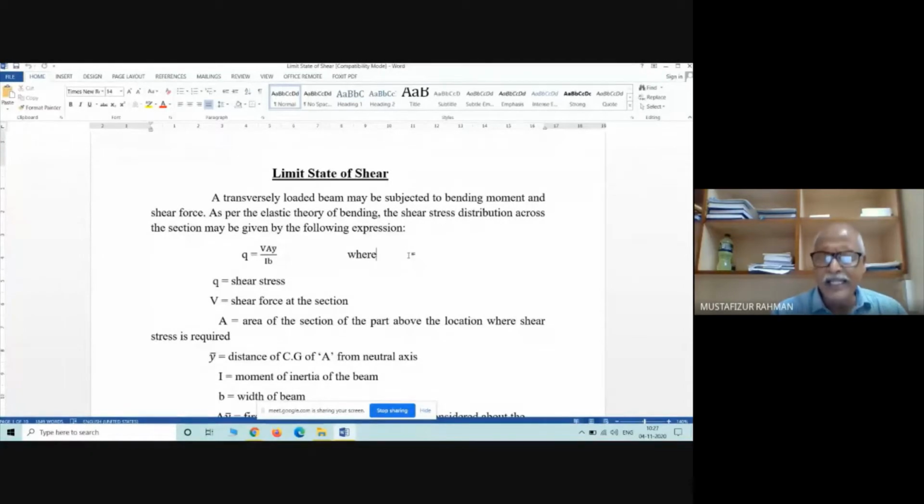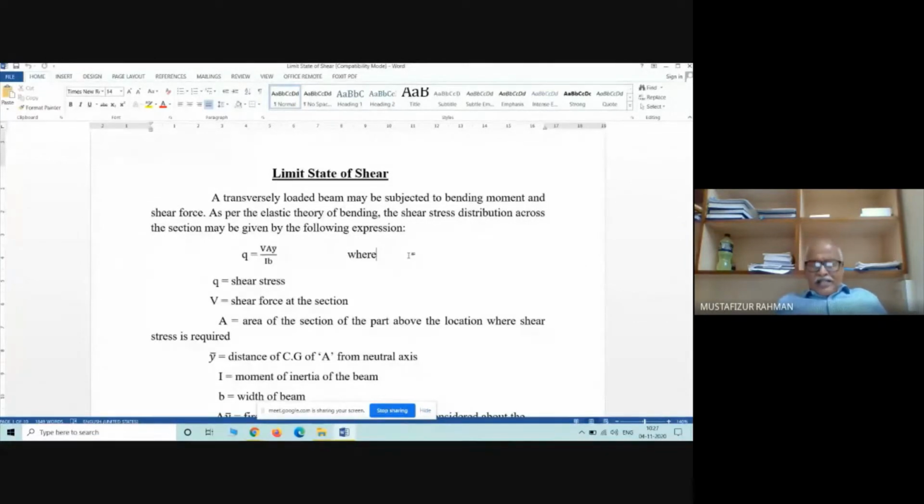For this, there is a slight difference from what we have done in our analysis. In our analysis, the stress distribution on any surface for shear is always parabolic in nature. If it is a rectangle, the maximum stress is at the neutral axis and the minimum stress at the external surface. This you have studied.